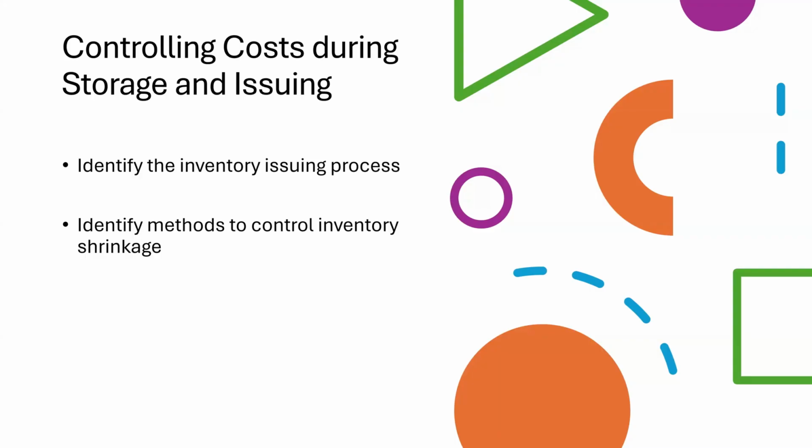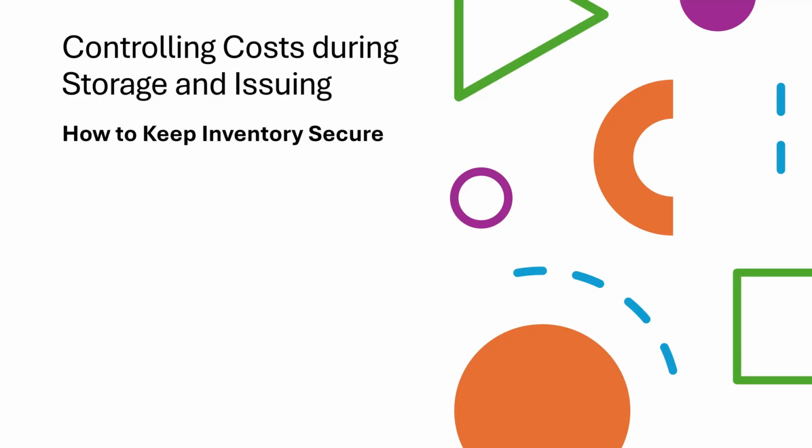Certainly identify methods to control inventory shrinkage. We need to get our arms around that, because that will affect any food cost or food cost percentage. How do you keep your inventory secure?